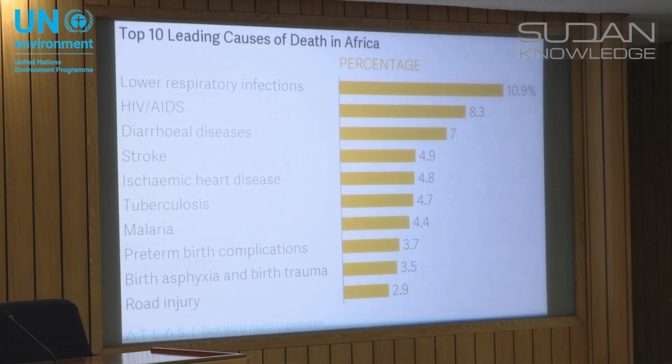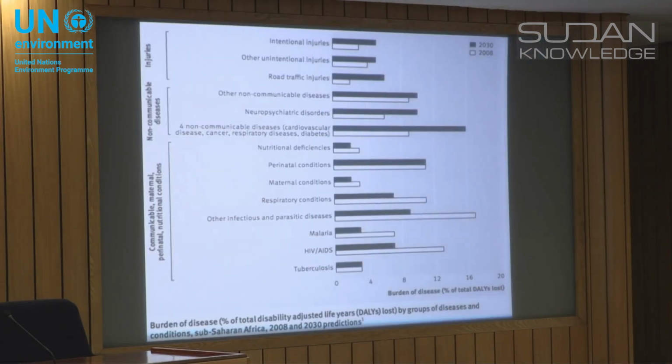You would expect road injury, war and things like that to be a little higher in a place like Africa, but they are not. The disease burden is where there is so much suffering. So the medical need is definitely extremely important, and we will now connect it to security.